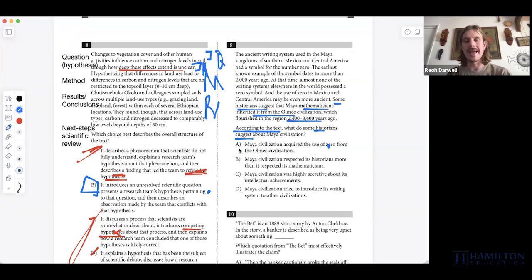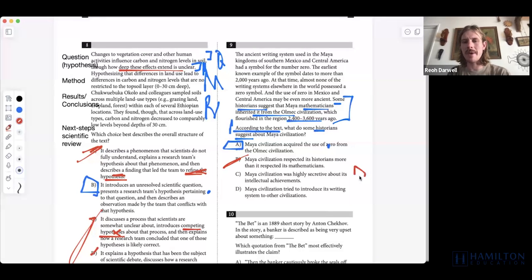So A does that perfectly, right? A encapsulates this right here. Again, this is a detail question, according to the text. That means our answer choice is going to probably be verbatim in the text in every way. B is not at all relevant. I don't know how that's an answer choice, to be honest.